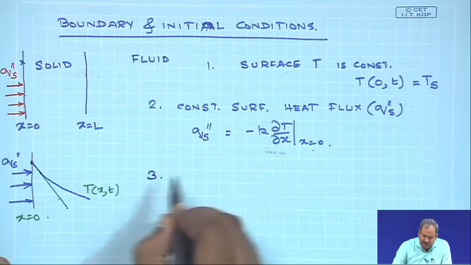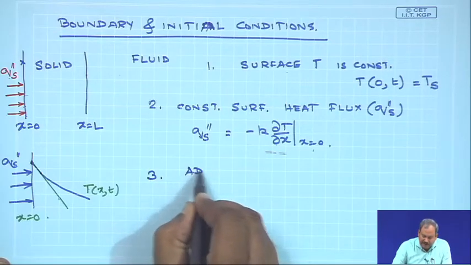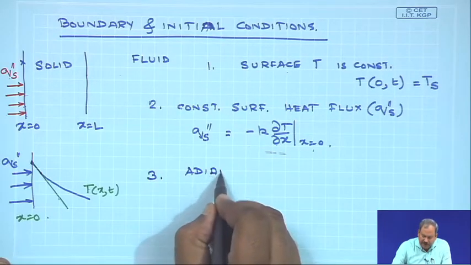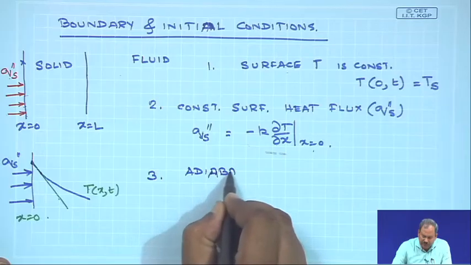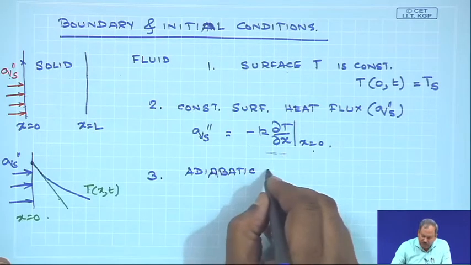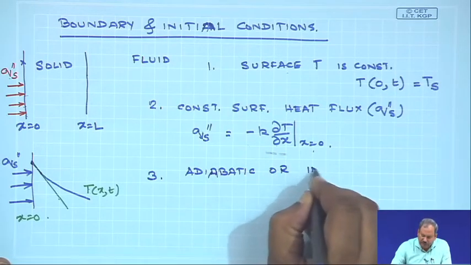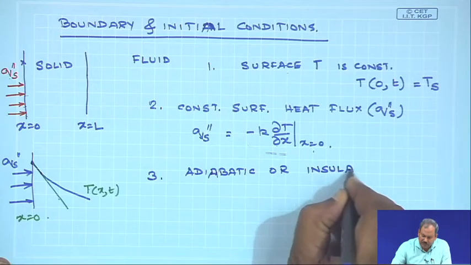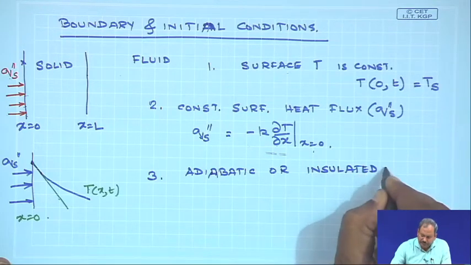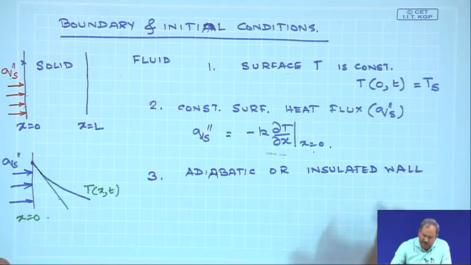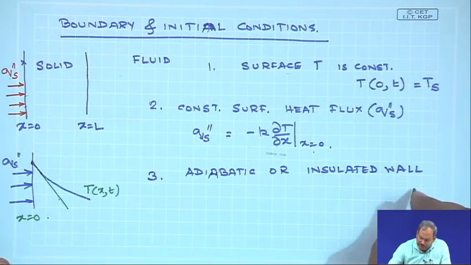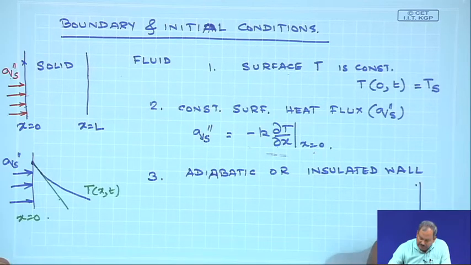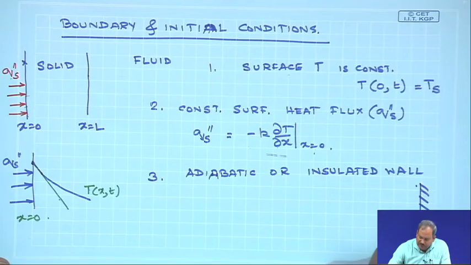The third condition could be an adiabatic wall or insulated wall. If it is an adiabatic or an insulated wall, then this is a surface, and on this side it is perfectly insulated.